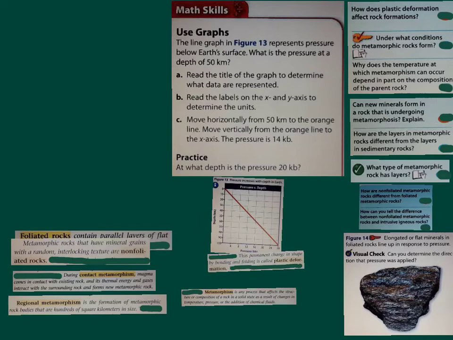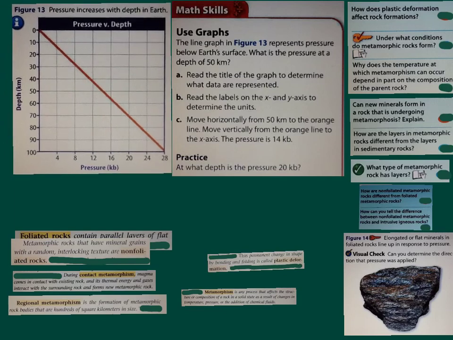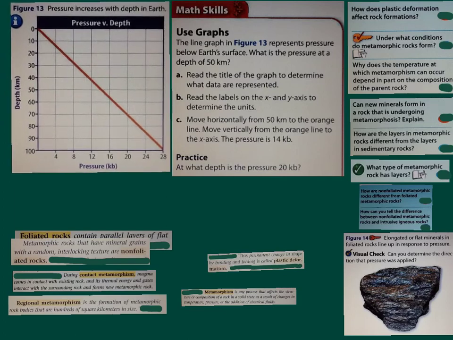I need to remind you that pressure is measured in kilobars, and 1 kb is equal to 1,000 bars. So in this diagram, 4 kb, which is that right there, is equal to 4,000 bars.